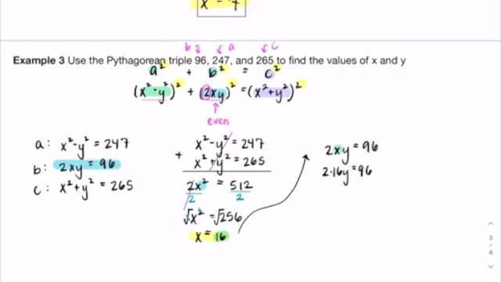I can multiply the 2 and the 16 together to get 32y equals 96, and the goal is to get y by itself, so I'm going to divide both sides by 32. And then 32 divided by 32 cancels out, so I'm just left with y equals 3. So x equals 16 and y equals 3 would give us that Pythagorean triple.